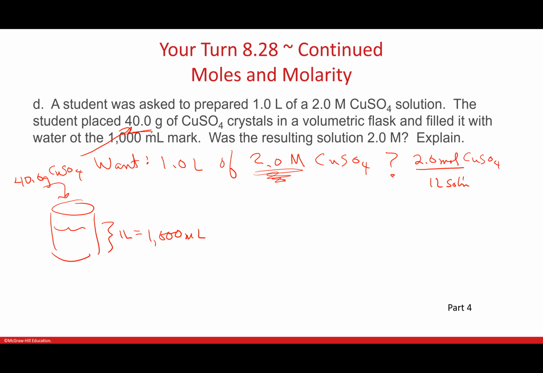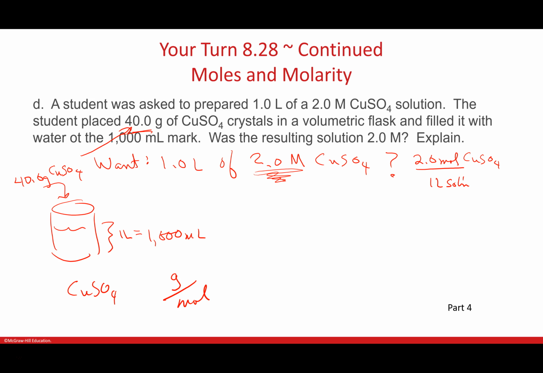So we need to know how many grams you have to weigh out to get a mole of CuSO4. So here's where we need grams per mole for CuSO4. The way we do that is the periodic table.